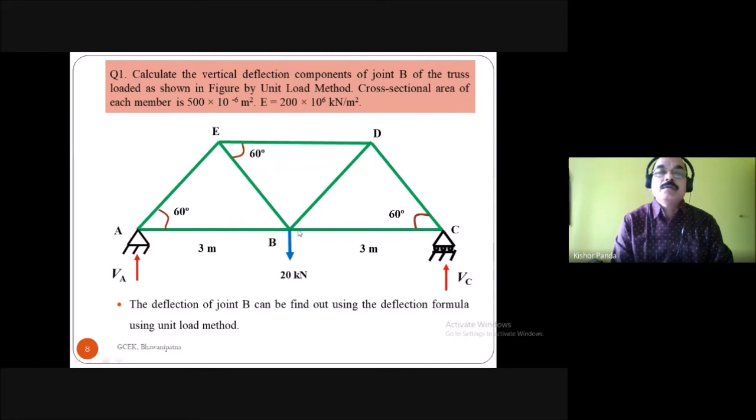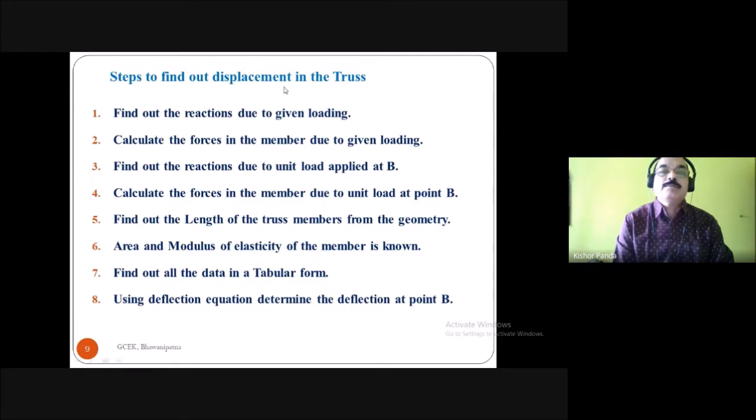Then you have to find the forces in the members by taking the unit load at the point B. You have to remove this load and apply a unit load at the point B. After getting the forces in the members due to the external applied force and due to the unit applied load, you can find the deflection at the joint B. These are the different steps you can use for determination of displacement in the truss.